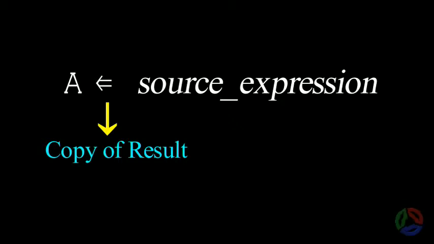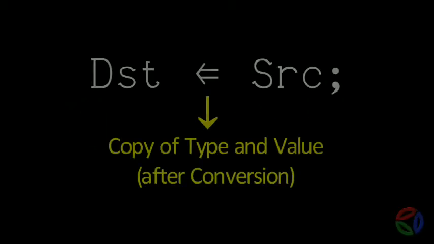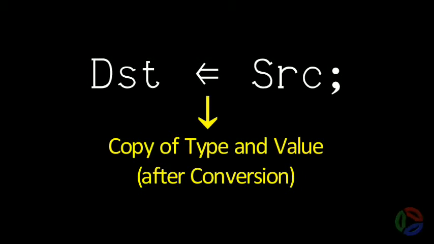This feature makes it possible to write a value that is computed from a single source expression to multiple destinations. The type and value that is returned from an assignment operation is always a copy of the type and value that was written to the destination.